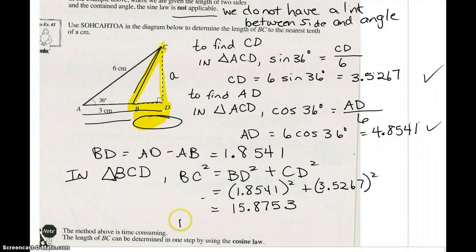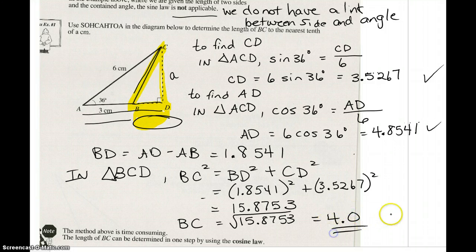And of course, I'm looking for BC, not BC squared, so I take the square root of 15.8753. And I end up with an answer of 4.0.